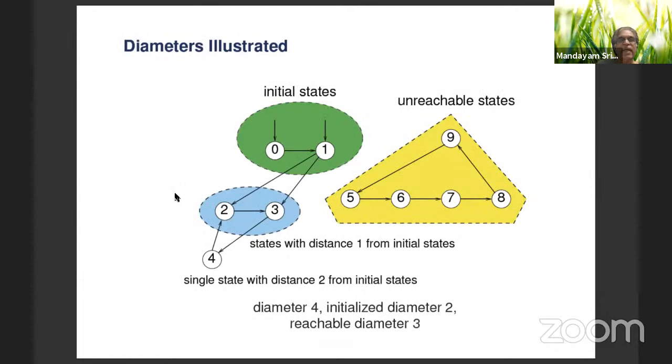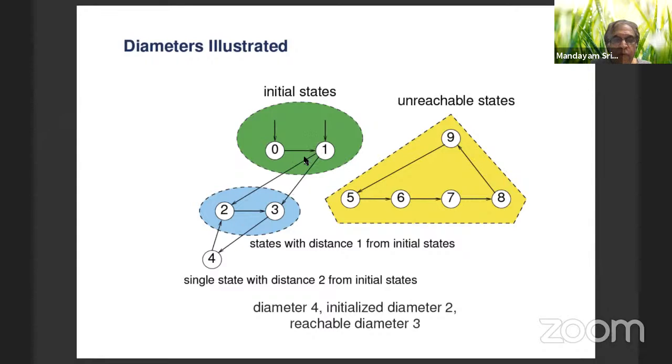So here is an actual example that is illustrated. Suppose 0 and 1 are the initial states, and the transition relation is described in terms of edges.